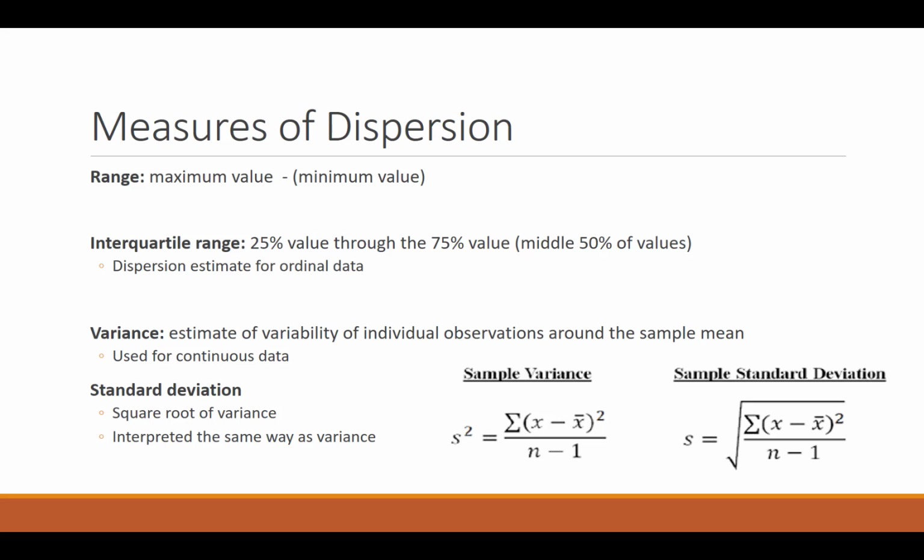Then you square that number so that all your values are positive, and then you take the sum, so you're adding up how deviant all those different values are, and then you divide it by the total number of observations minus 1. That's variance. Standard deviation is simply the square root of the variance, and it's interpreted in the same way, although it's a little bit more commonly reported because the units match those of the mean.